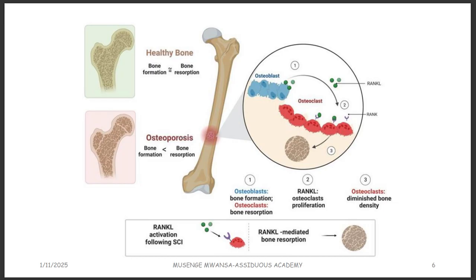Now, what happens is this: you have got two cells that are involved in normal bone maintenance. The formation of bone is because of osteoblasts. Blast, think of B for building, and then osteoclast, think of C for cutting. Those are involved in bone resorption. But what happens is that when the parathyroid hormone is produced, it does not go to the osteoclast.